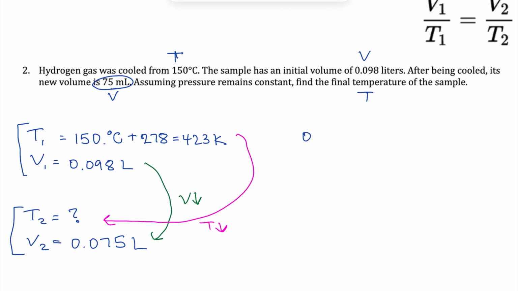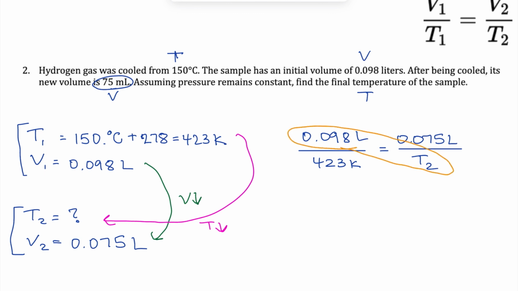Volume 1, 0.098 liters over T1, 423 Kelvin, is going to equal V2, 0.075 liters over T2, that's our unknown. In this one, our variable is in the denominator, so depending on how you prefer to solve, if you want to do this division and then rearrange, this is a case though when if we do our cross multiplying, we easily get rid of those fractions.